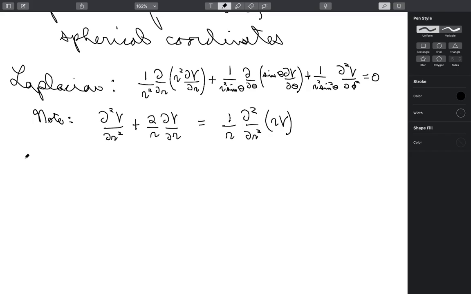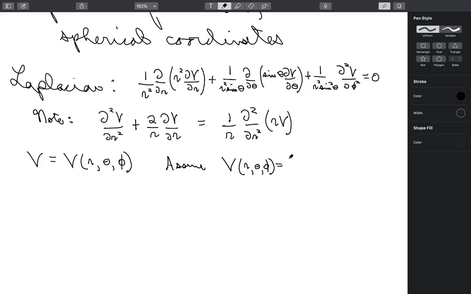Okay, now our potential is a function of three variables, so we've got V as a function of r, theta, and phi. The point of separation of variables is that we're going to assume we can write these dependencies disentangled from each other. So we will assume a form for this V which separates these dependencies.